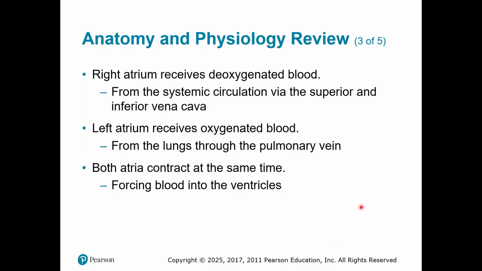The right atrium receives deoxygenated blood, as we just spoke about, from the systemic circulation via the superior and inferior vena cava. The left atrium receives oxygenated blood once it goes to the lungs and it's oxygenated. Both atria contract at the same time, and that forces blood into the ventricles.